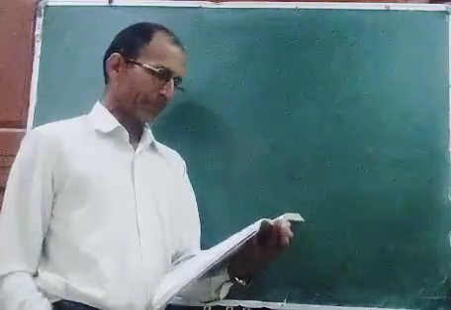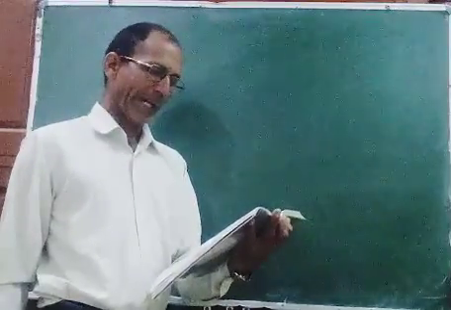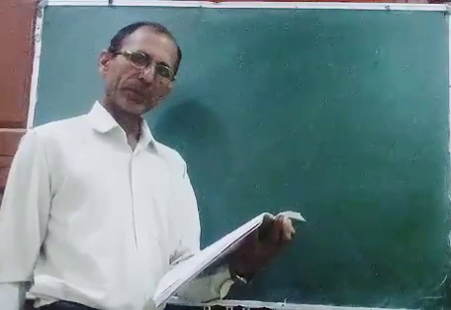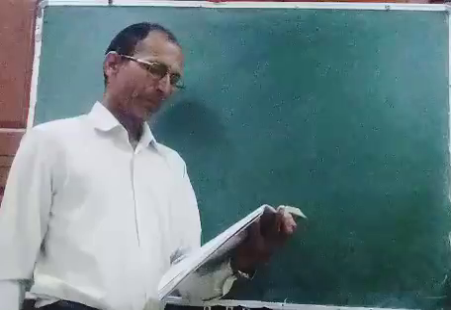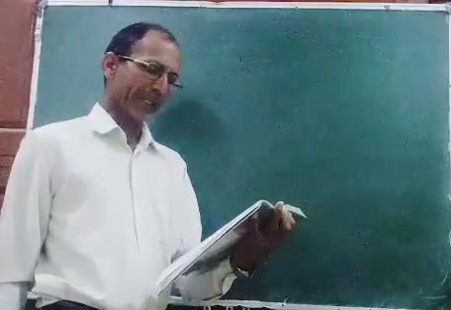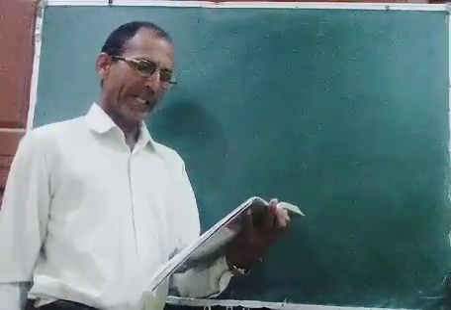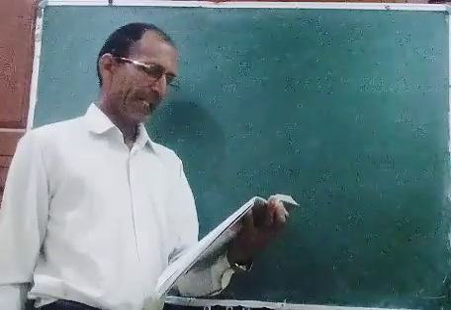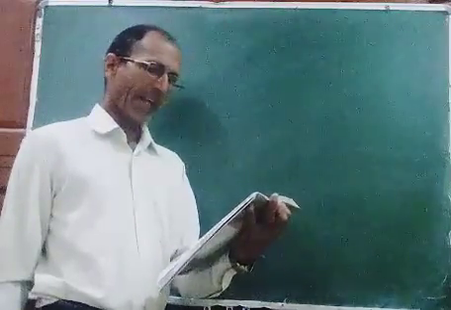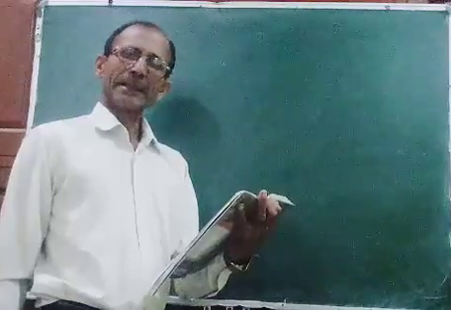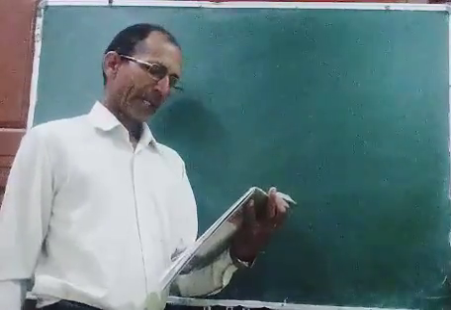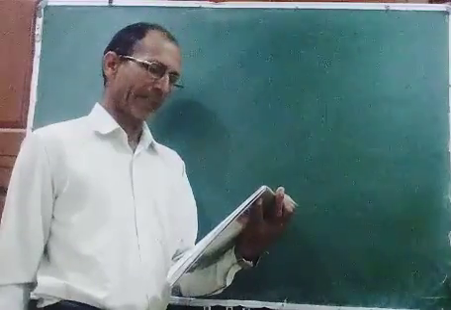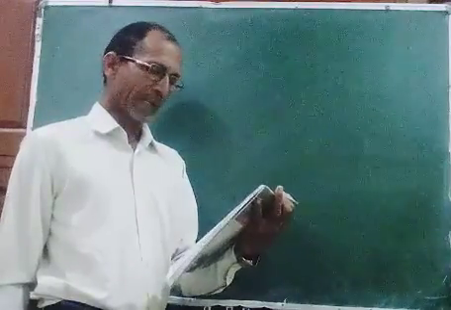Plot the following points on a graph and locate the quadrants. So A (4, 8) will lie in the first quadrant. B will lie in the second quadrant. C in the first, D in the fourth quadrant, and E in the third quadrant. F will lie in the second quadrant, and (7, 2, -3) will lie in the fourth quadrant.